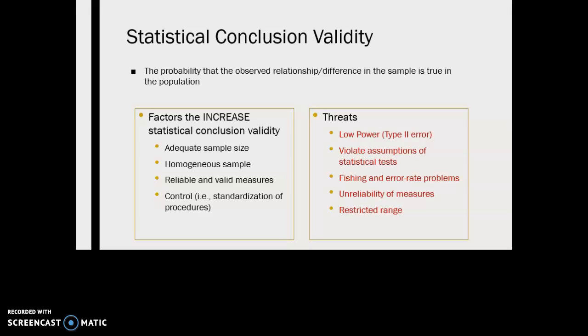There are some other factors to take into consideration. We see something called shared method variance, and this is the idea that when you're using the same type of measurement for all of your variables, people have a tendency to respond to things like questionnaires in the same way. And so if you get a person who is hyperbolic, they may answer on the extreme ends, both pre and post test, whereas somebody who's more middle of the road might answer close to the middle, and they do that both pre-test and post-test.